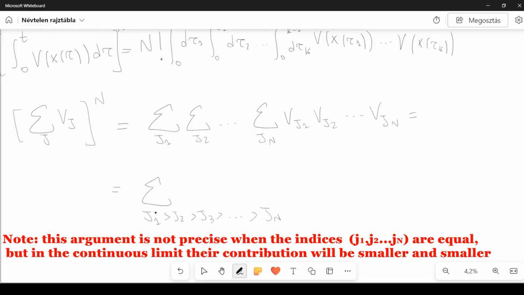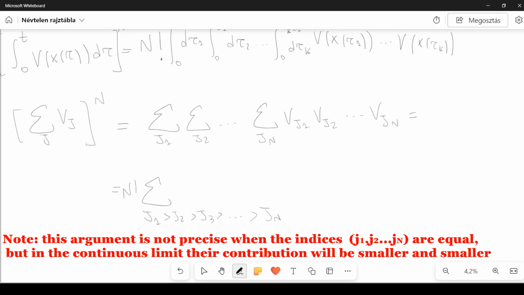You can understand that the order in which you write these indices is not important because you will get the same result. So basically this summation here can be performed over all such inequalities, but how many inequalities do we have? You have all the possible permutations of these indices.